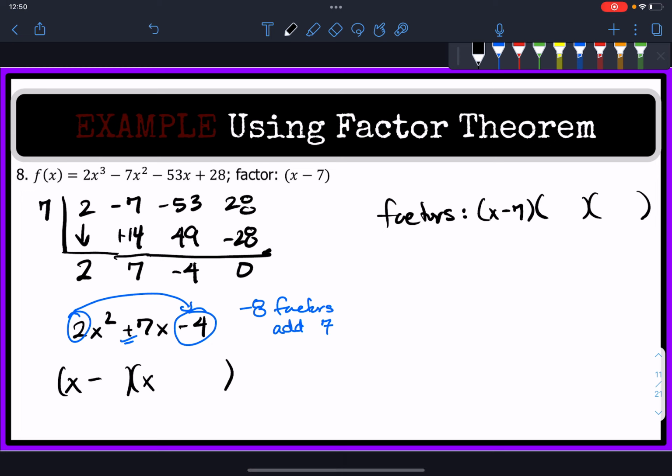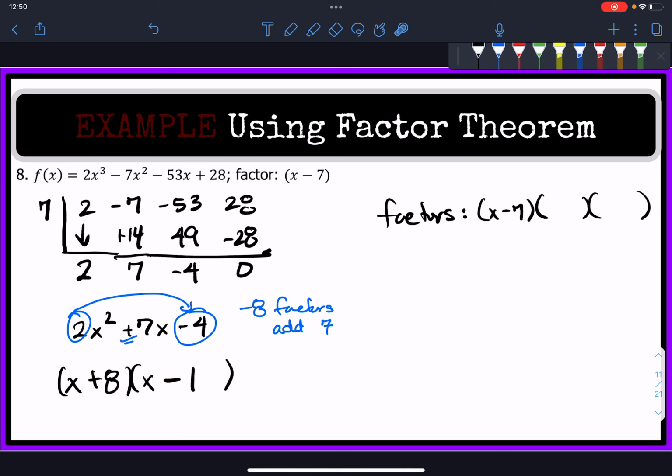So I need this to be a positive and this second factor to be a negative of that 8. So we're going to use a positive 8 and a negative 1. These two multiply again to negative 8, and they add up to 7.